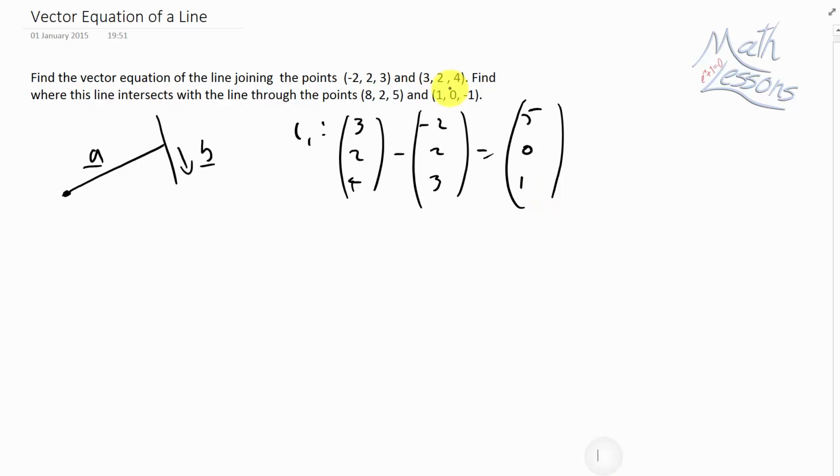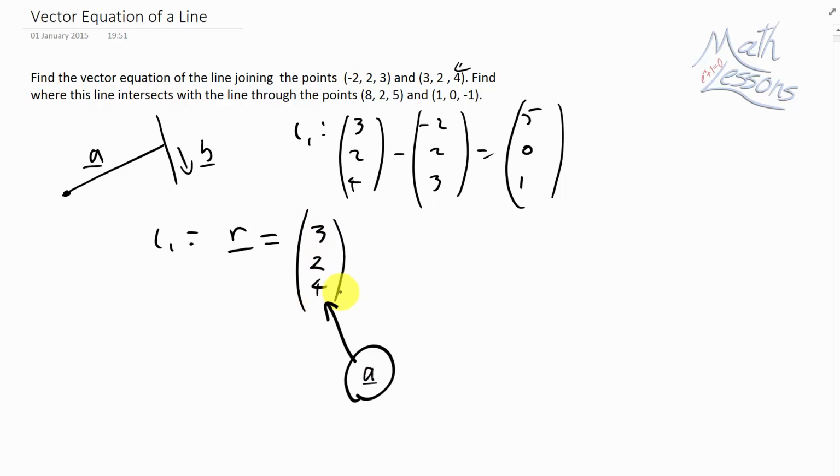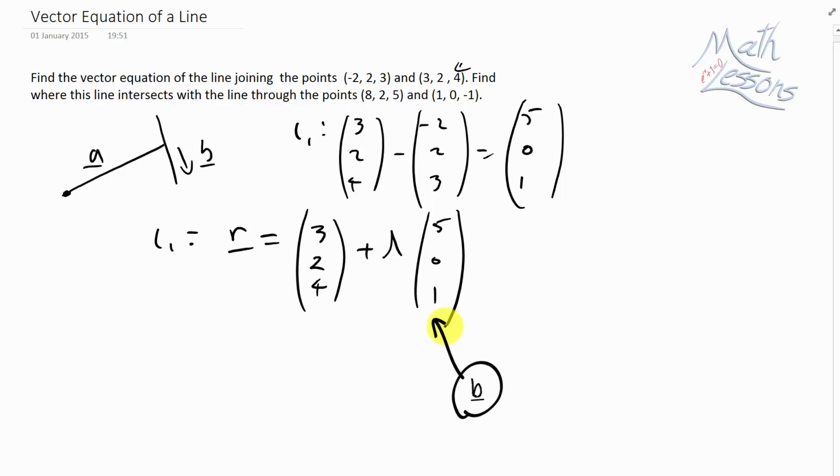And we can pick a point in the line. Let's say pick this one here, 3, 2, 4. So L1 will be r equals 3, 2, 4, how to get to the line, plus lambda lots of 5, 0, 1.